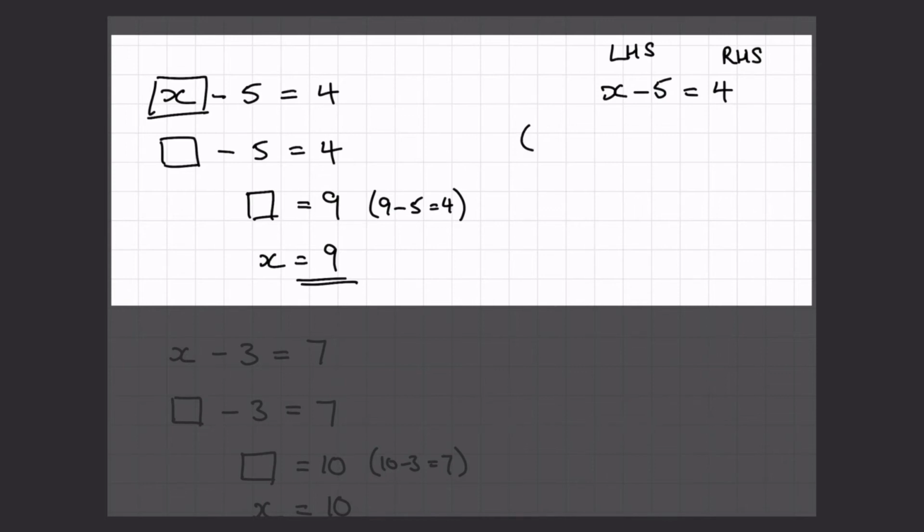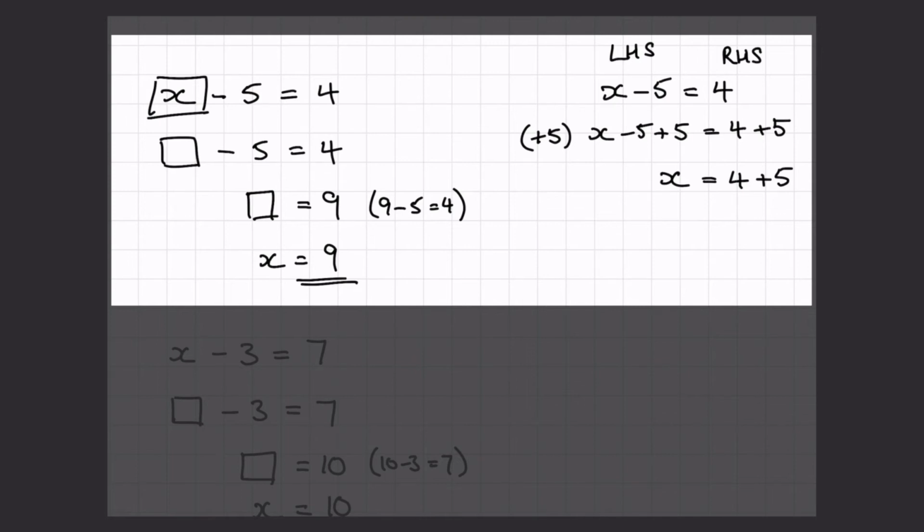We're going to write down what we're going to do. The opposite of subtracting 5 is adding 5, so we're going to add 5 to both sides of the equation. X subtract 5 add 5 is equal to x. Remember, the whole point was to get x on its own. Is equal to 4 add 5.